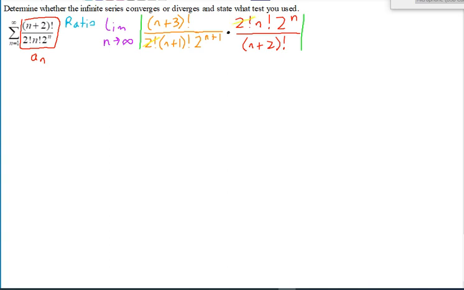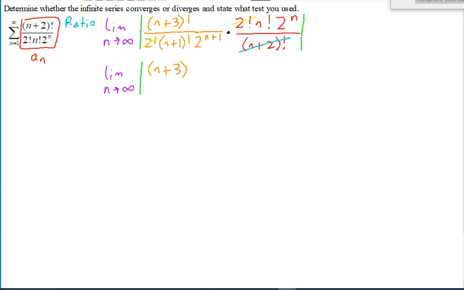Then we've got n plus 3 factorial and n plus 2 factorial. So again, when the factorials are one more than each other, that's just like, let's say this was 5 factorial and this was 4 factorial. One more than that, then this would be just left with the 5, or in this case the n plus 3. So we'll have n plus 3 left there on the numerator. And if you want, as you go, you can cross that out.